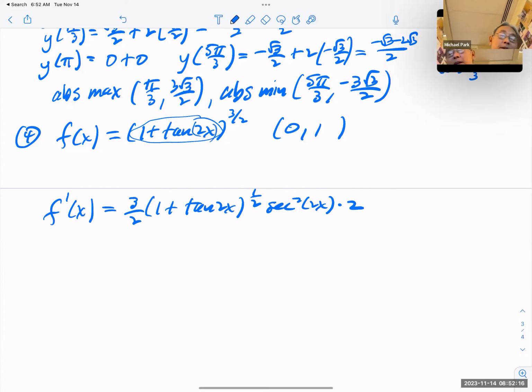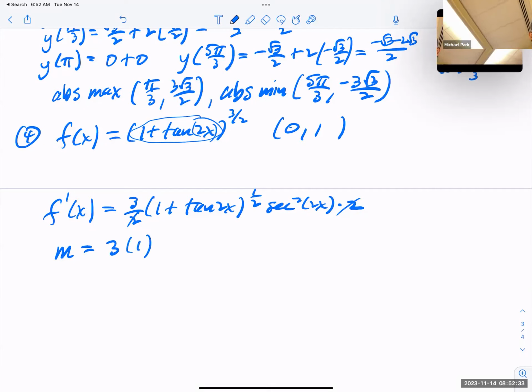And then the 2's cancel out, which is good. To compute the slope at 0, you have to plug in 0 now. So you got 3. Tangent of 0 is 0, so 1 to the 1 half is 1. Secant of 0 is 1, so you get 3.